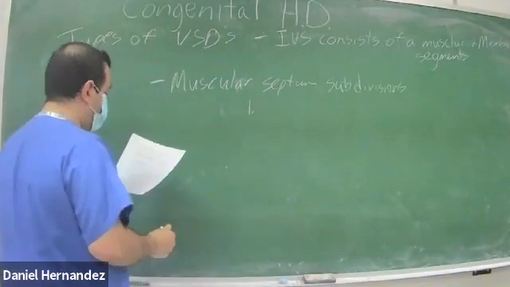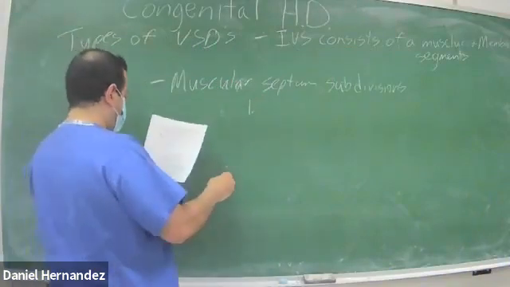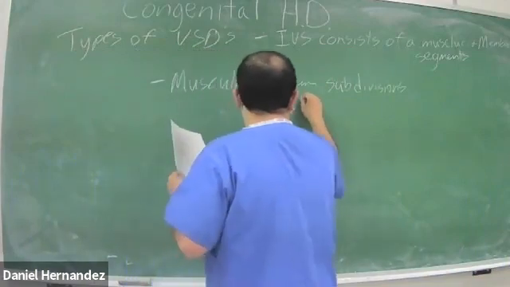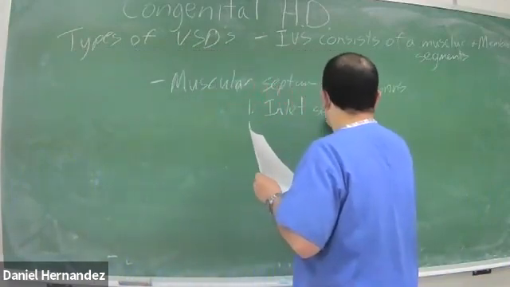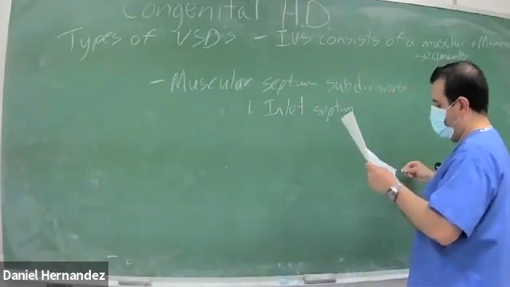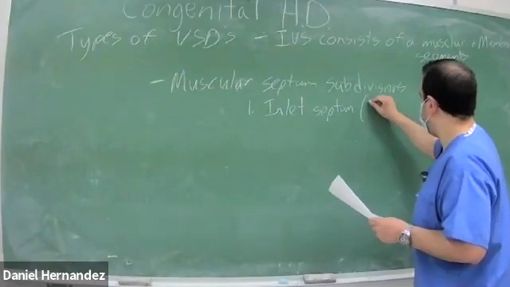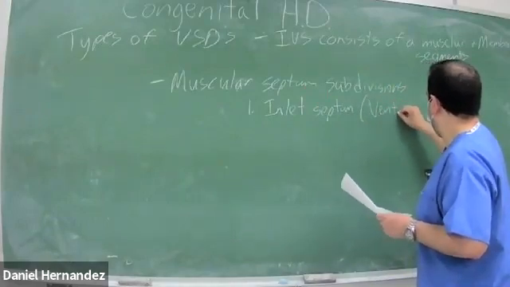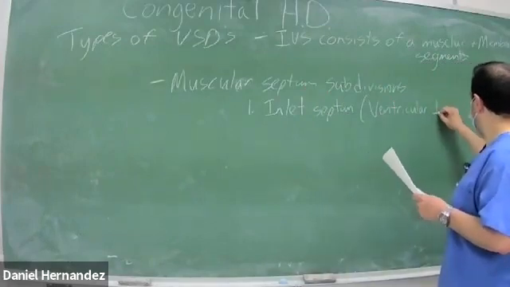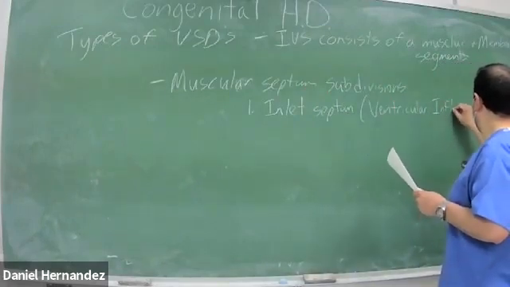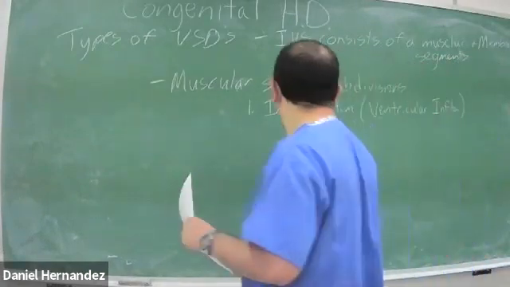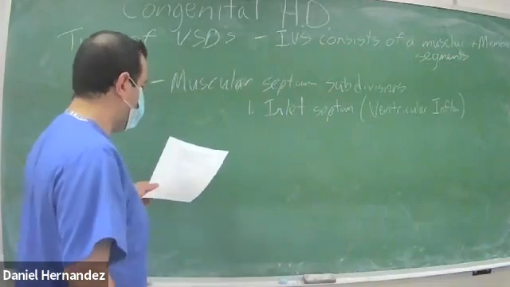Under the muscular septum, we have the inlet septum. This is the ventricular inflow, the portion of the septum that's near the ventricular inflow.